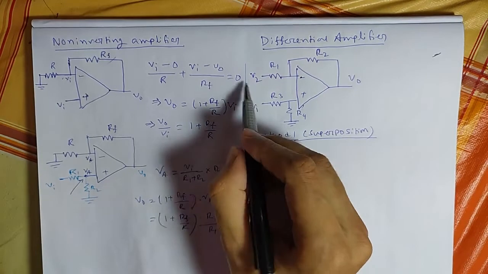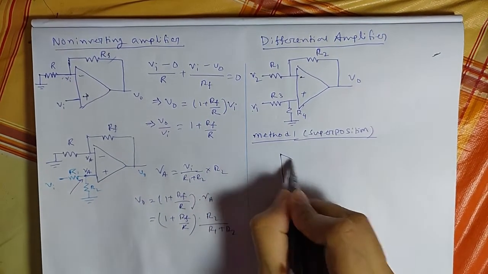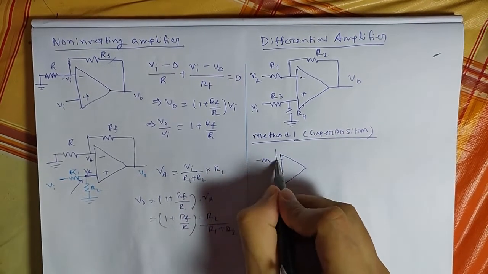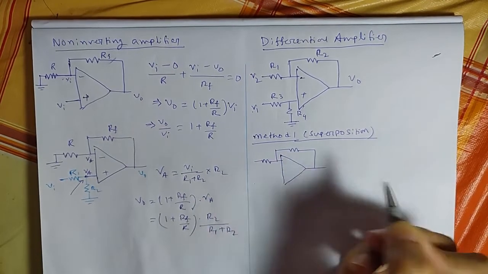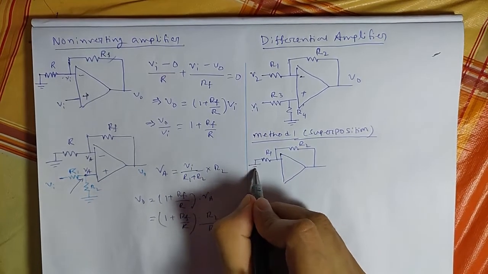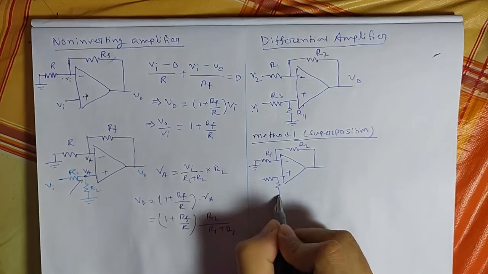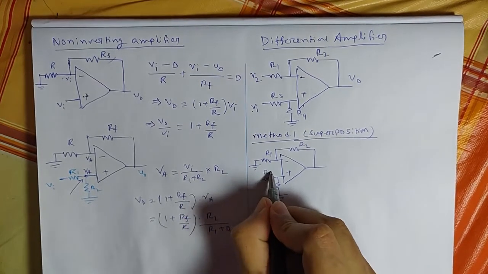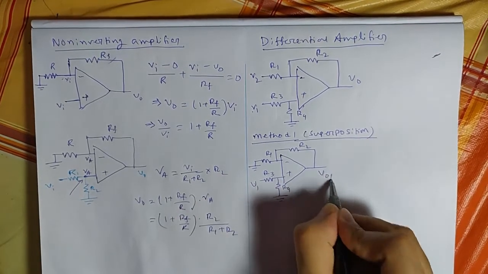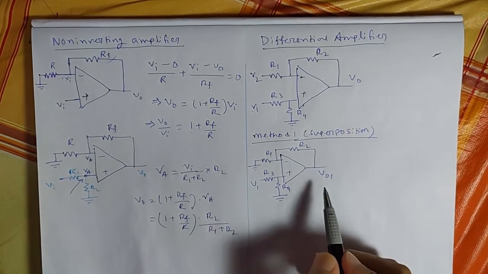At this time V2 will be 0. So the resultant circuit will be as follows, and output will be V01. So due to the source V1, output is V01.